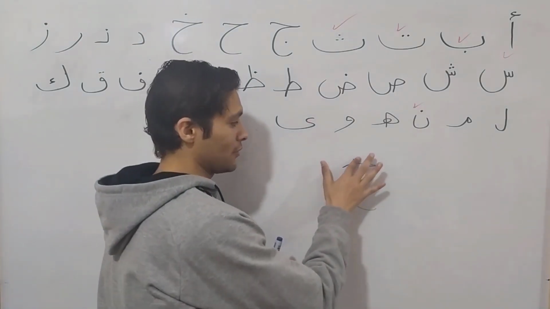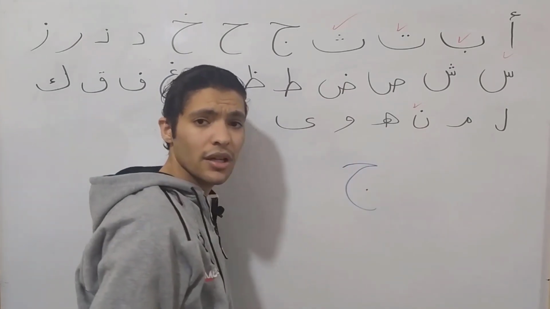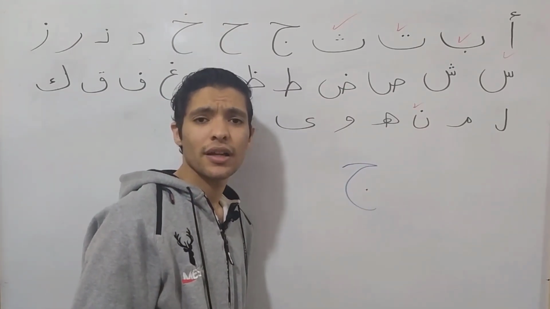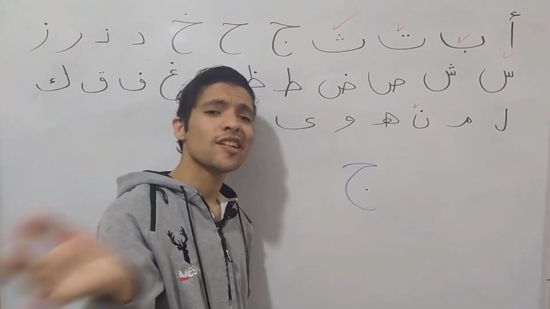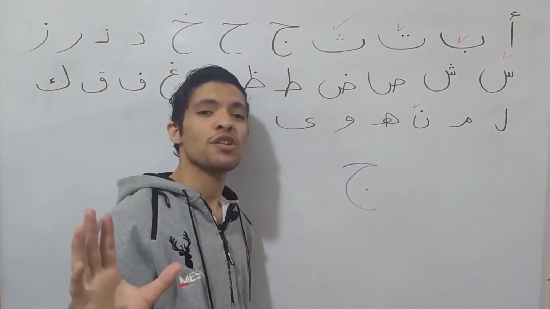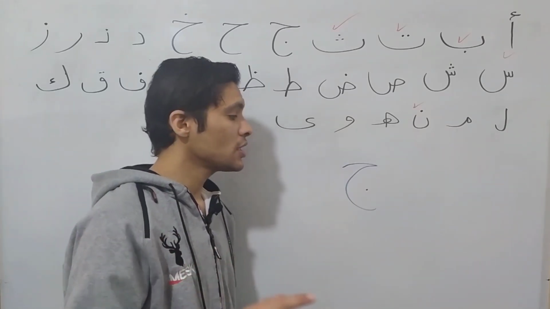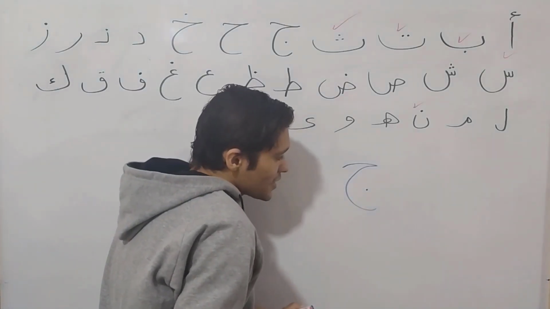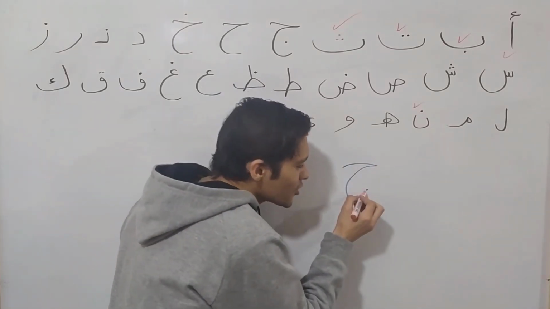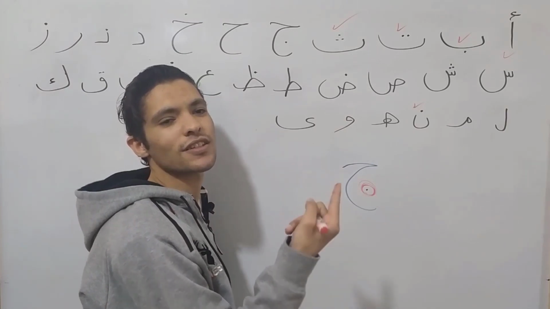Some people say, wow, okay, if we delete this dot and we put the dot here, now it's a different letter. It's not ha anymore. It's jim. You see? So the secret, all secrets are here in this dot.